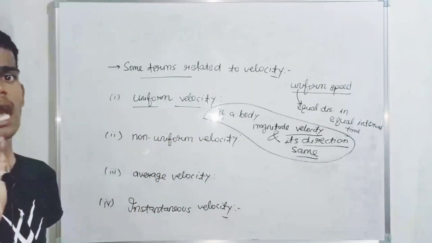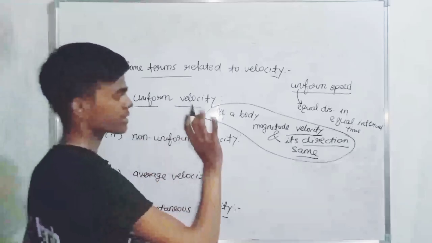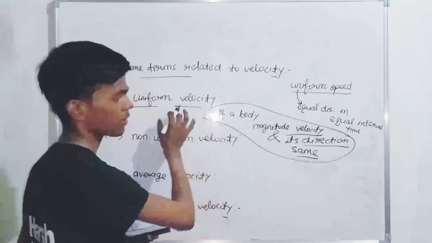If a body has the same magnitude and direction of velocity throughout its motion, it is known as uniform velocity.